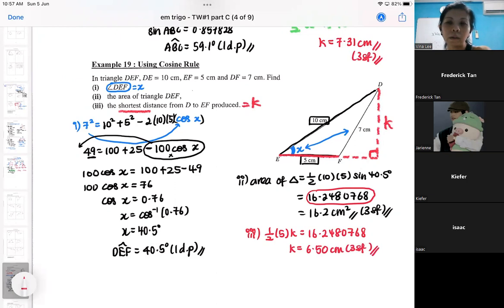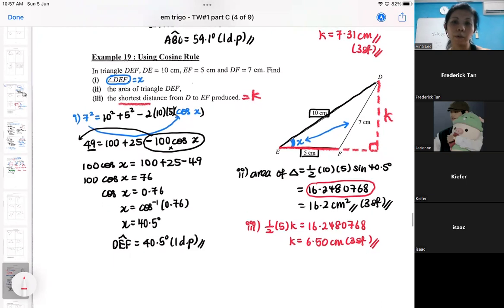So the shortest distance is always found by area, half AB sine C, versus half base times height. Half AB sine C was learned last week. In a typical question, everything can be combined together. So that is the use of the cosine rule to find an unknown angle.